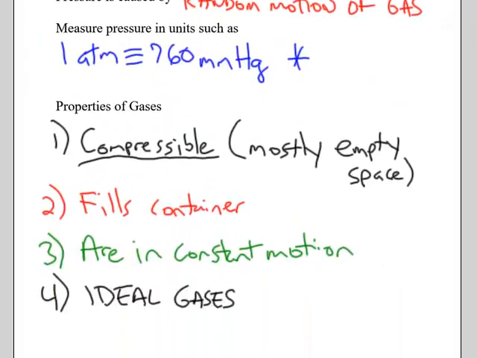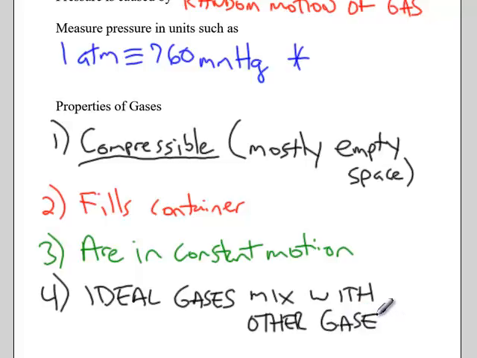Ideal gases mix completely with other gases. Which again is different than, for example, liquids. Water and oil, you can pour them together, but they do not mix. If you pour oxygen gas and nitrogen gas together, they will mix completely.